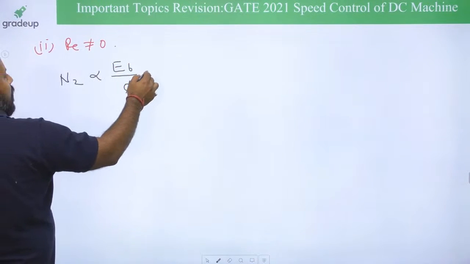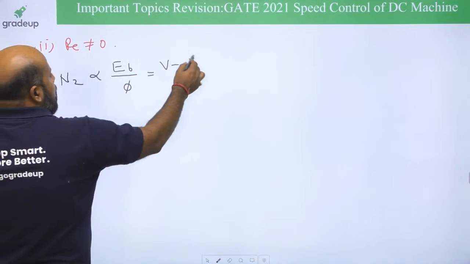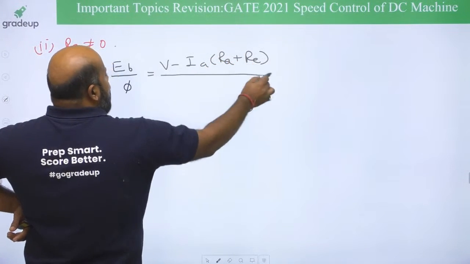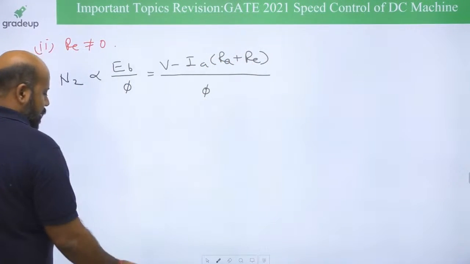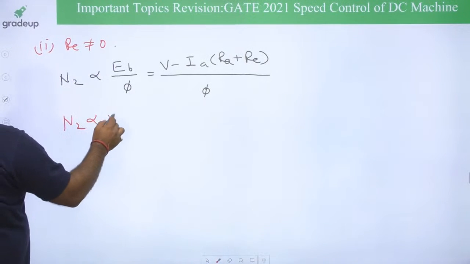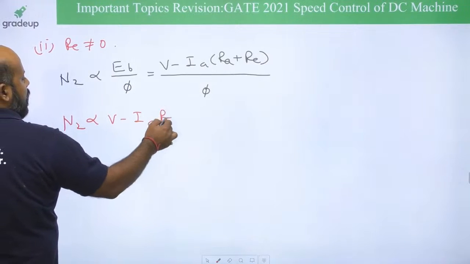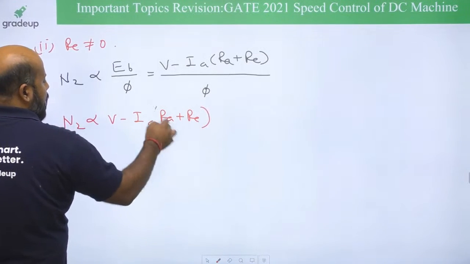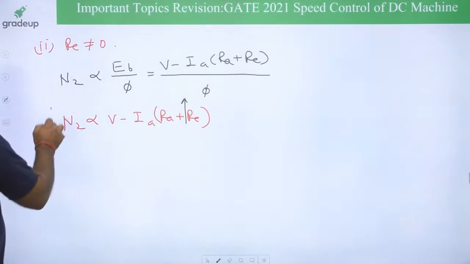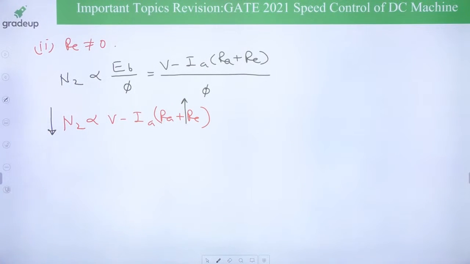Now this back EMF again you can write as V minus I_A (R_A plus R external) divided by flux. Flux constant, so better you can write it as V minus I_A (R_A plus R_E). Now if R_E you are increasing in the circuit, definitely you can say the speed is going to reduce.